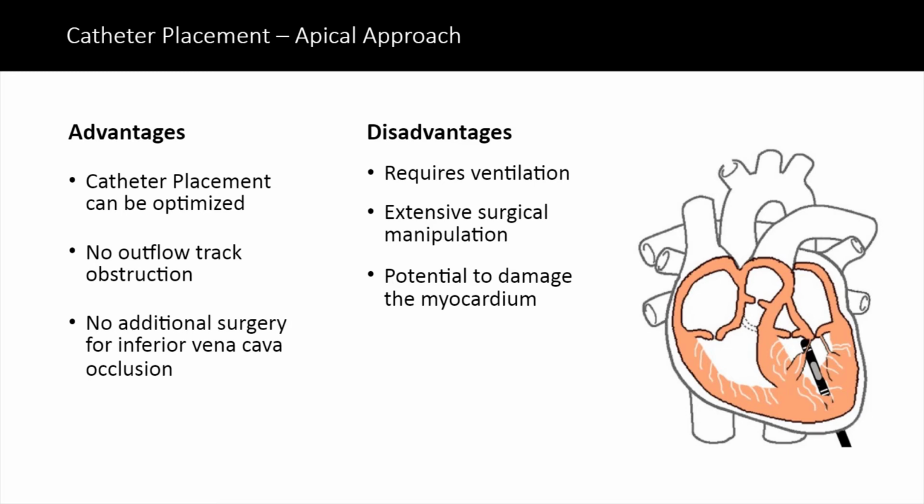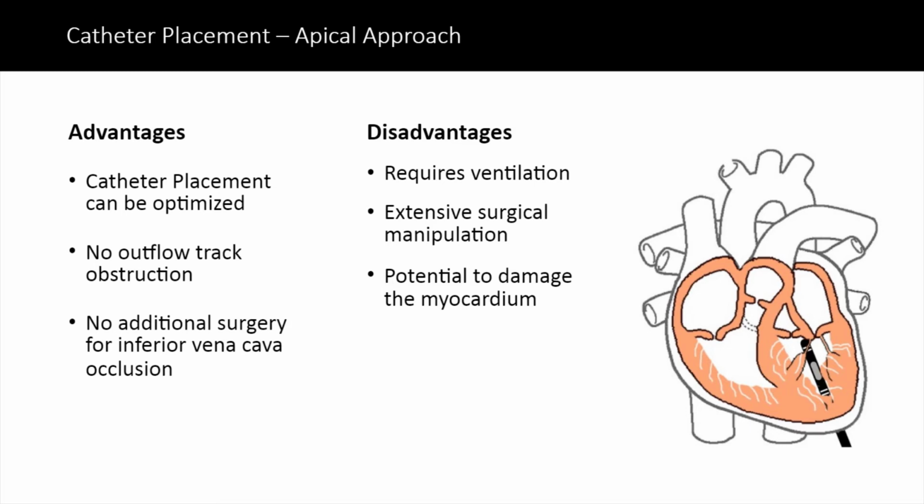That can be problematic. And so a lot of the learning curve is how do I avoid damaging the heart coming in with the apical approach. So these are a couple of different approaches that people take. They have their pluses and their minuses, and you'll find them both well represented in the literature.